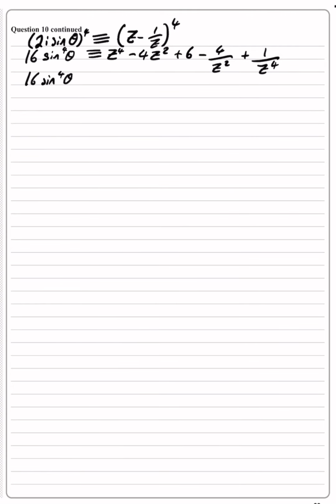So our 16 sine to the 4 theta, I'm going to rearrange the right-hand side to pair them up. I'm going to pair up the z to the 4 with the 1 over z to the 4. And I'm going to pair up the z squared with 1 over z squared, factorising out minus 4 from that. And then leave the 6 alone.